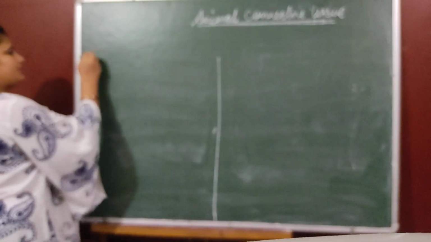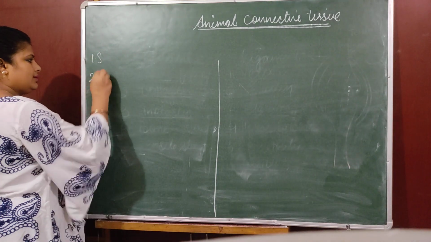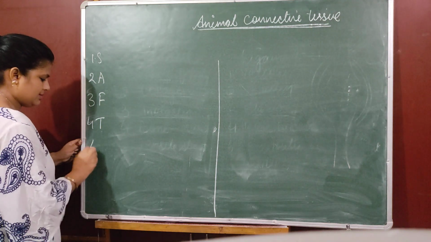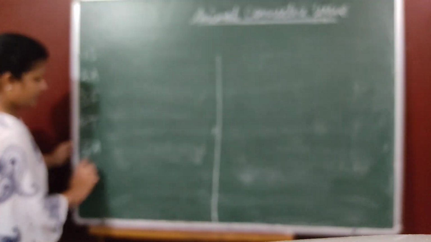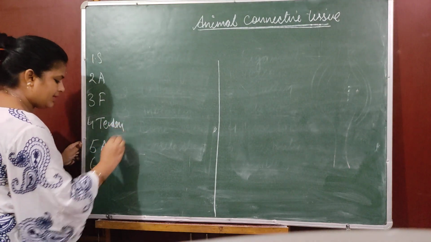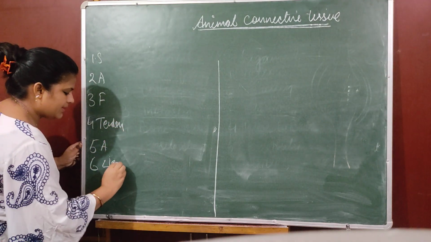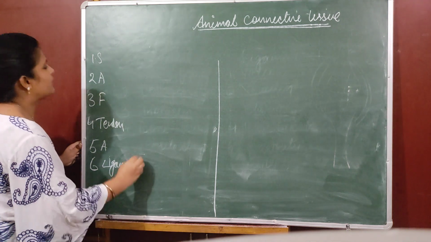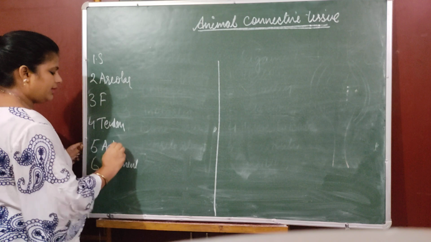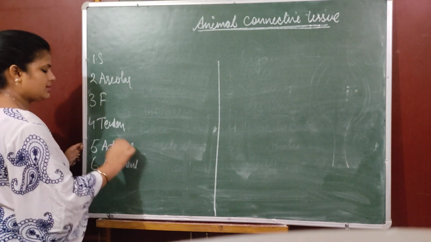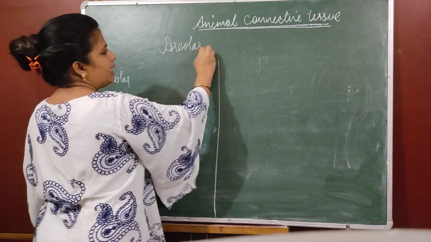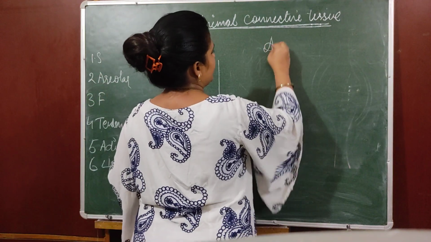So out of Saftal, we have discussed tendon and we have discussed ligament. Okay, now we are going to discuss areolar and adipose. Now what is areolar tissue and what is adipose tissue?